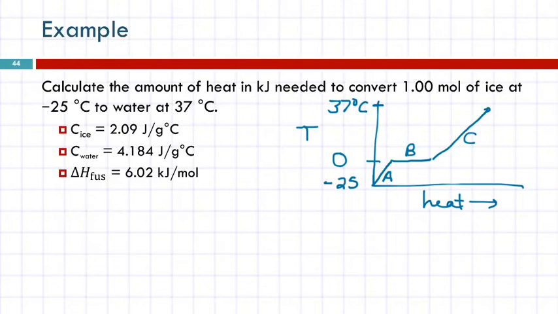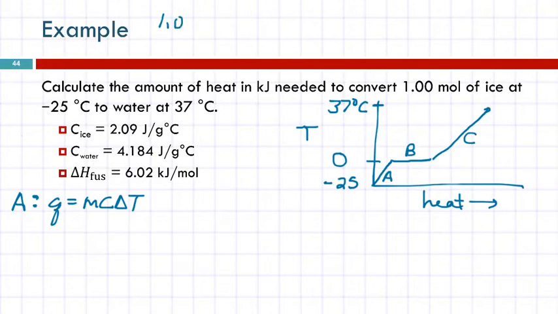So I'm just going to start with A. Because it's a slanted line, we're going to use Q equals MC delta T. So I need to know the mass. So I have 1 mole.